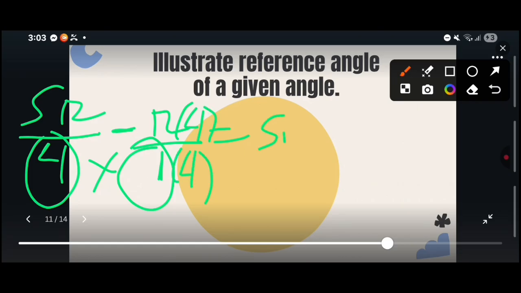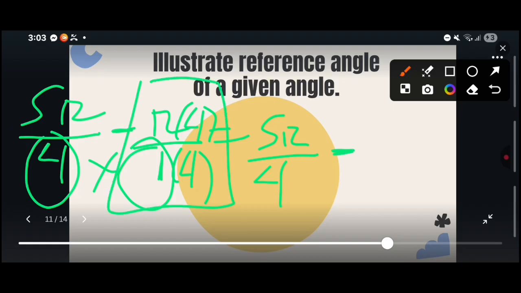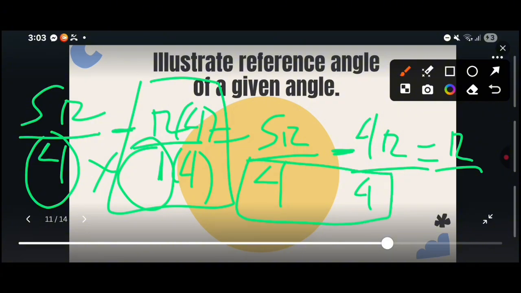So, copy again our given, then our operation, subtraction, then solve this part. Pi multiplied by 4 is 4 pi. Then, 1 times 4 is equal to 4. Then, equals, 5 pi minus 4 pi is equal to pi. Then, since they have the same denominator, just copy it. So, our reference angle is pi over 4.